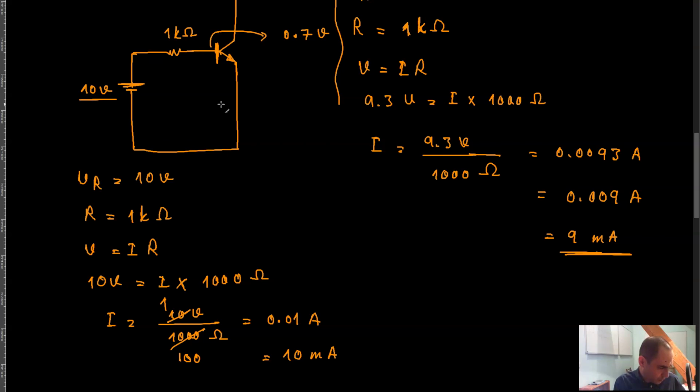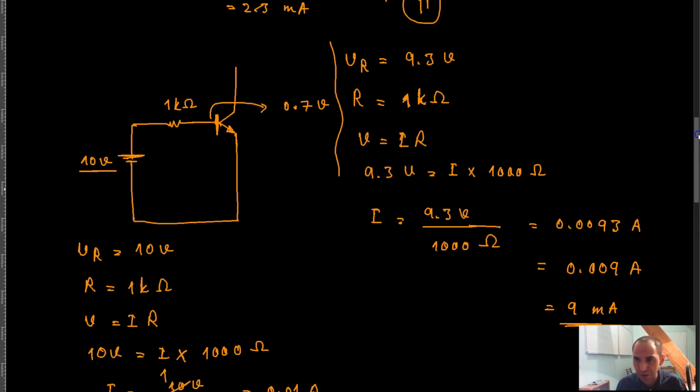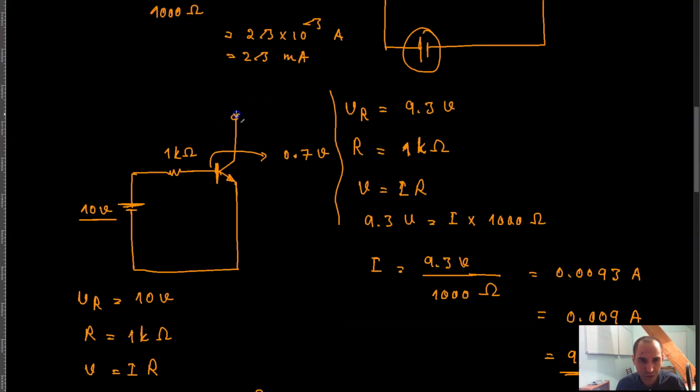One more thing you need to be able to do with these transistors is to calculate the collector current of the transistor, which is also important, because ultimately this collector is going to be connected to something, otherwise it wouldn't be there, right?